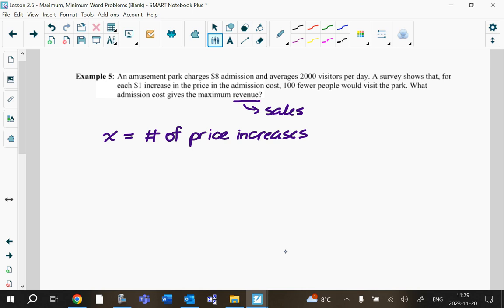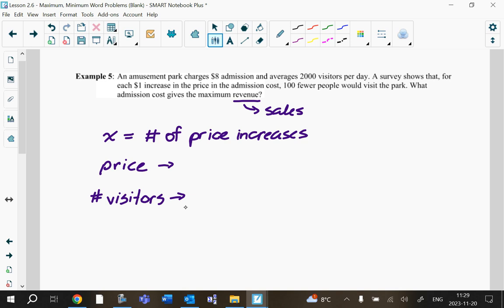So what I need is an algebraic expression for the price, and I need an algebraic expression for the quantity. In this case, it is the number of visitors. And here's how we do it. What's the price we start at right now? $8.